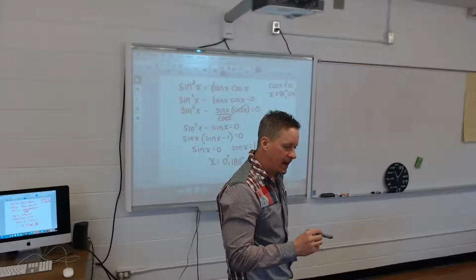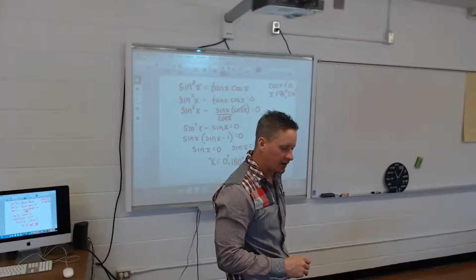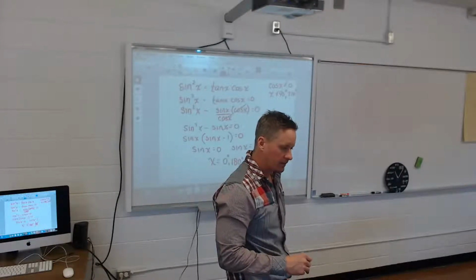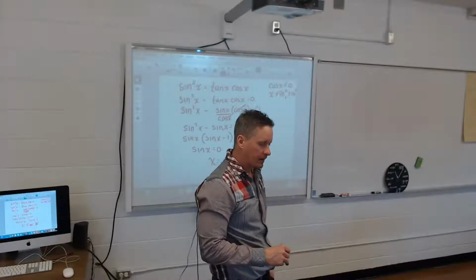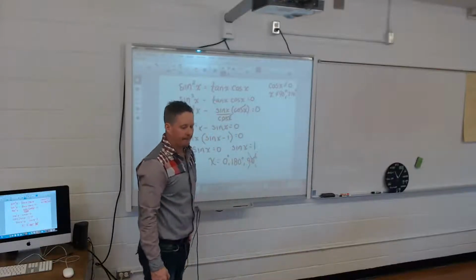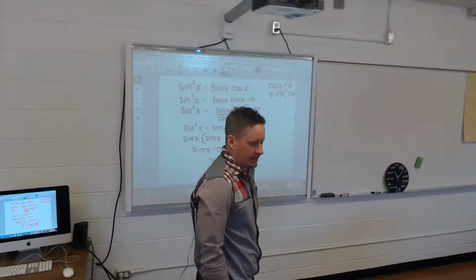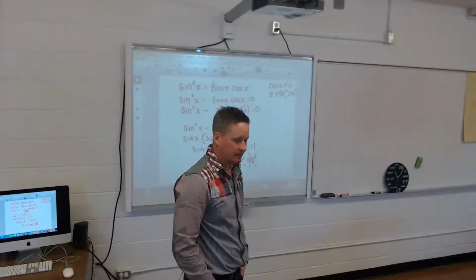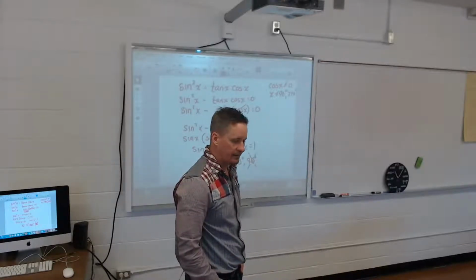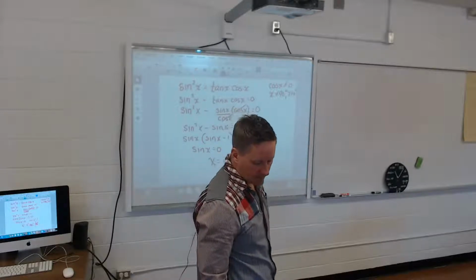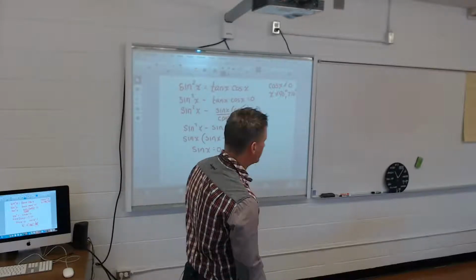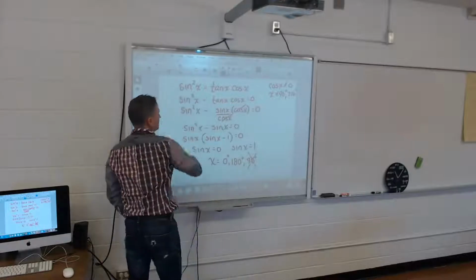That's at 90 degrees and 270 degrees. So that's your non-permissible value. That's correct. Okay. Perfect. So let's look at 217, example 3.